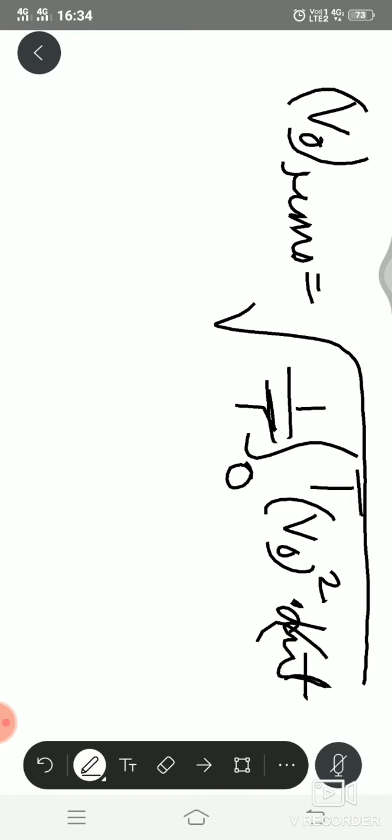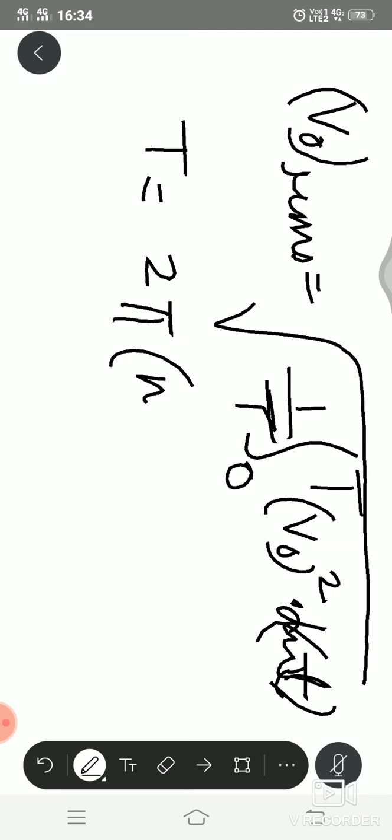This is the basic formula. Now what is the time period in this case? T in this case is equal to 2 pi (n plus m) divided by n. This is the time period.